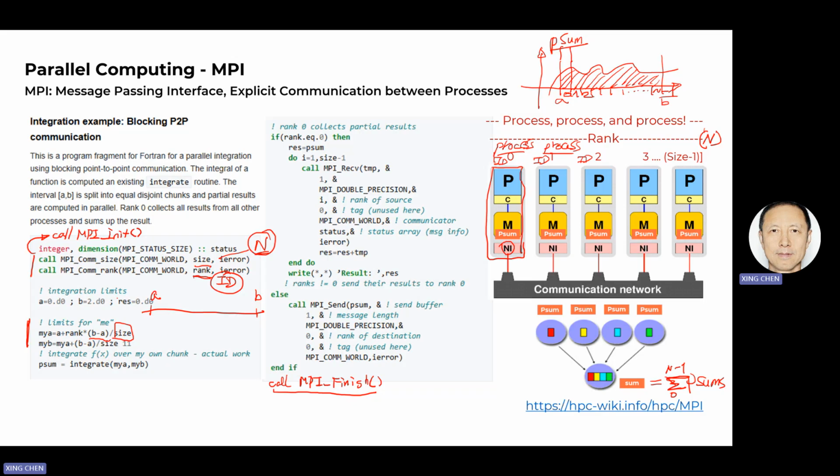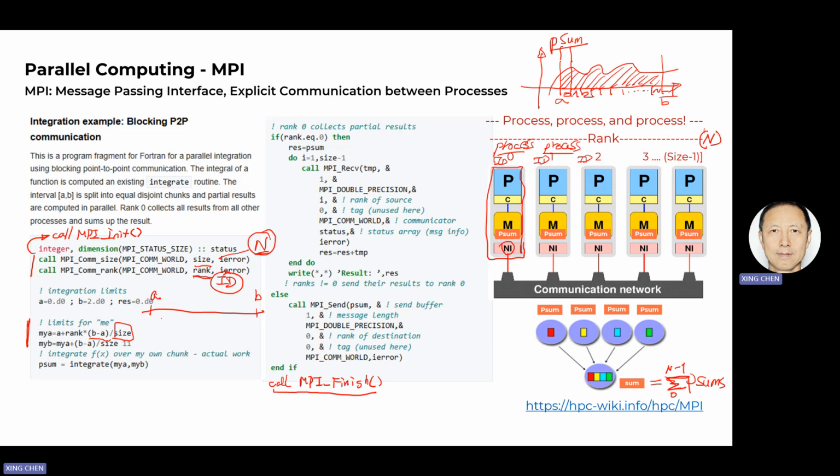Okay, and then we are going to use this formula to calculate each MPI process's workload. How is that going to be done? This is the workload from A to B.